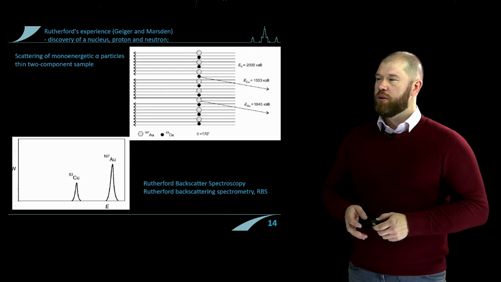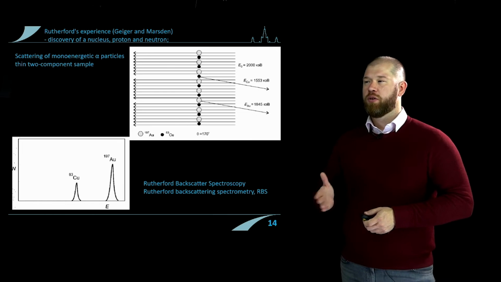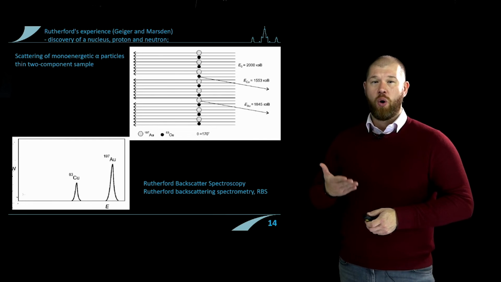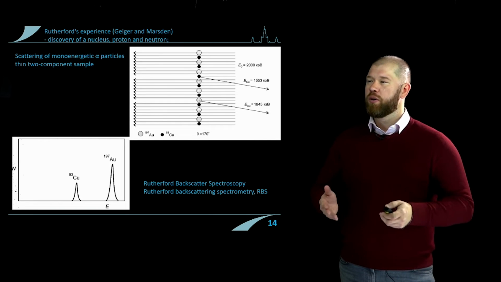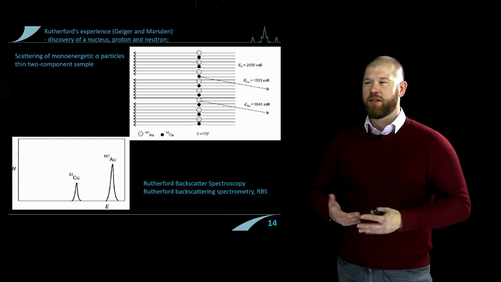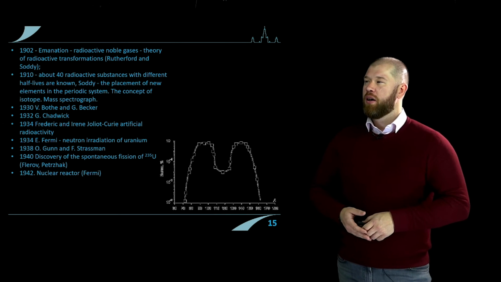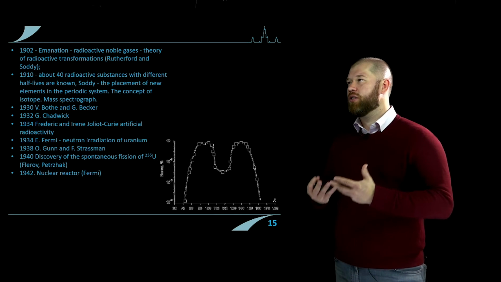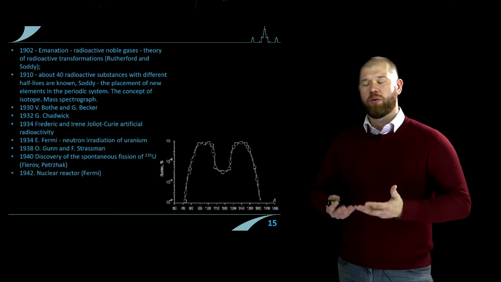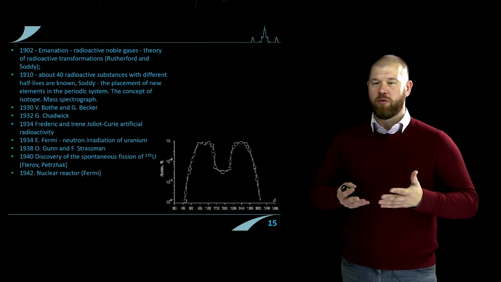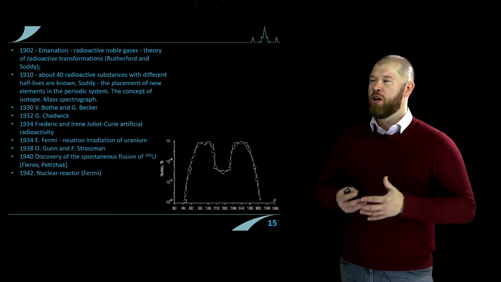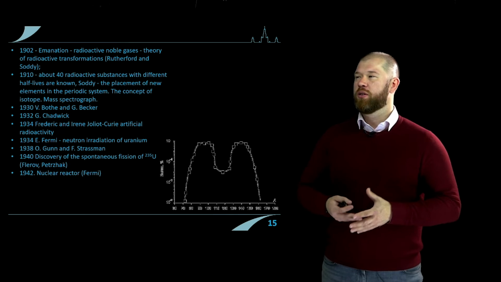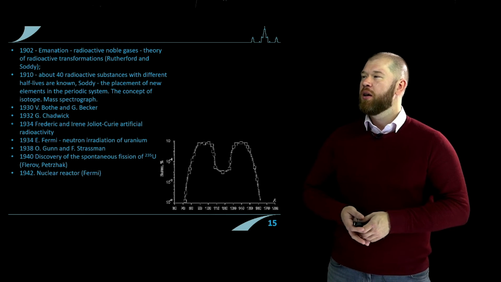Again, it was possible to make this observation only using alpha particles, only after the discovery of radioactivity and after understanding what an alpha particle is. There is quite an intensive history of using radioactive materials and ionizing radiation to understand the nature of atoms and of the nucleus.